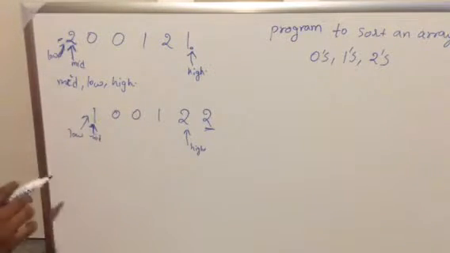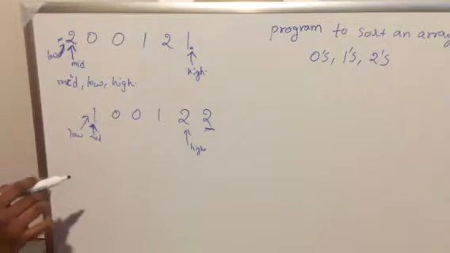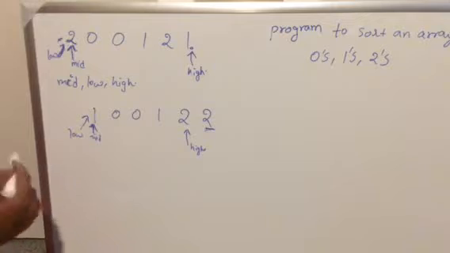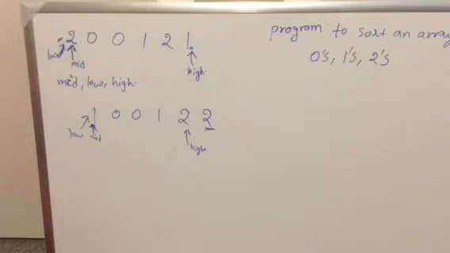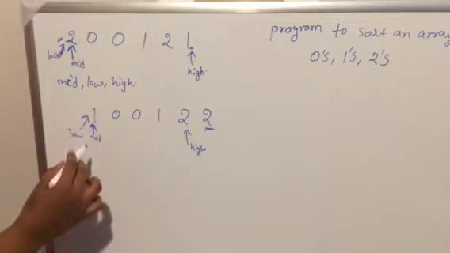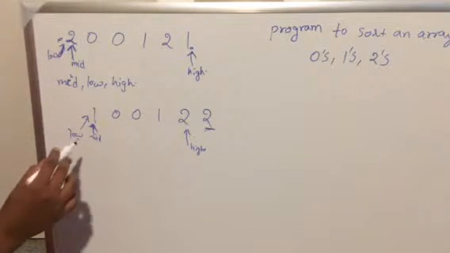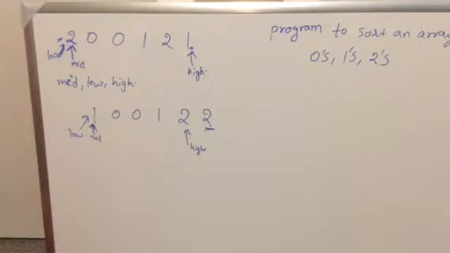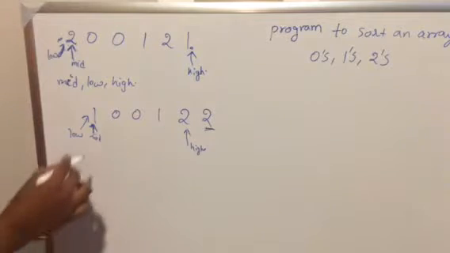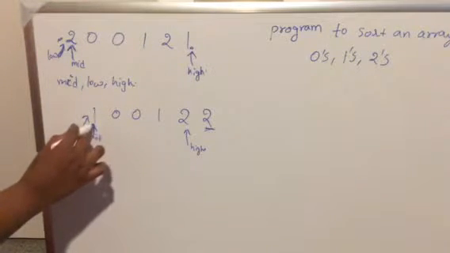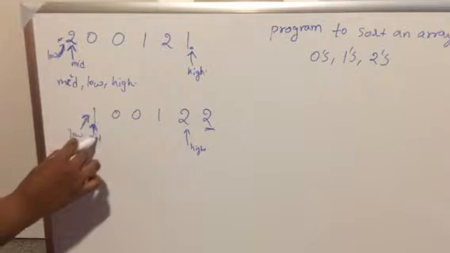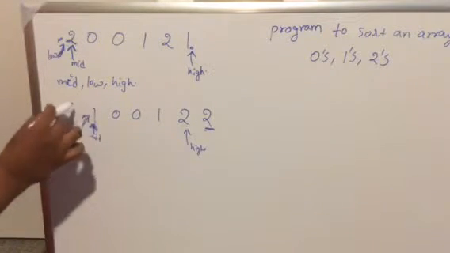If the mid pointer is 0, then swap mid and low, and increase low and mid by 1. Now we are checking: it is not a 0. If it is not a 0, it will stay here and check against low.